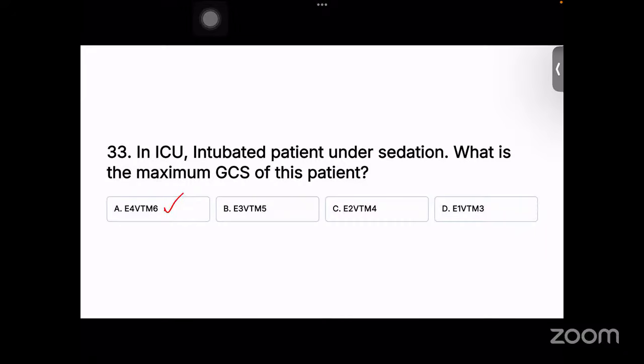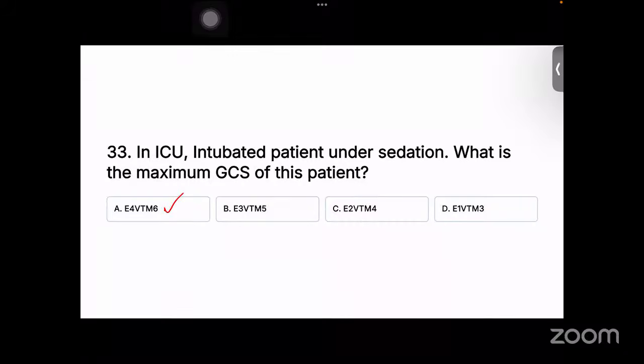Speaking about eye, E4 is spontaneous, E3 is to voice, E2 is to pain, and E1 is none. Since the patient is intubated and on sedation, some may argue why not go for E1 and M3, sir? Yeah, but the question has a little trick: the maximum GCS that you can see in this patient, if forced, should be 10T.